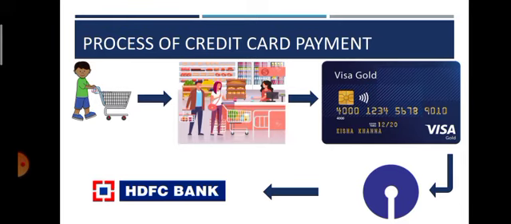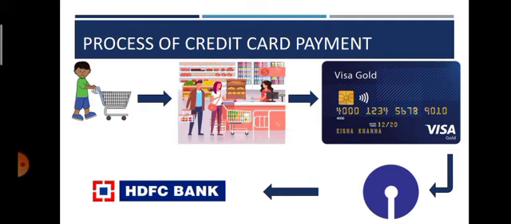Here the customer is not paying any amount directly; the amount is deducted from the credit card and the payment is done by the bank. That means the bank is paying on your behalf. Only your credit card and all the details are used, and then 5,000 is credited from your account to the merchant's account.